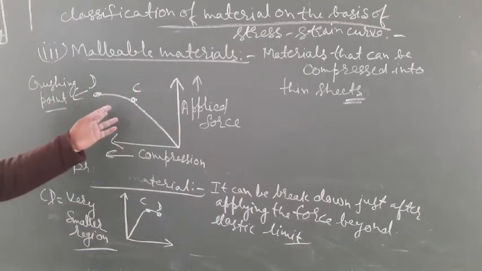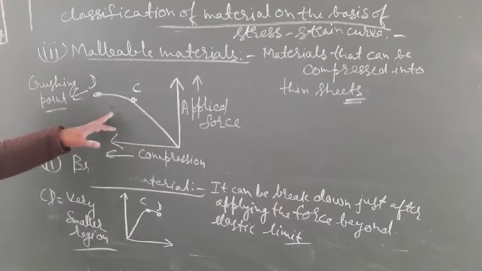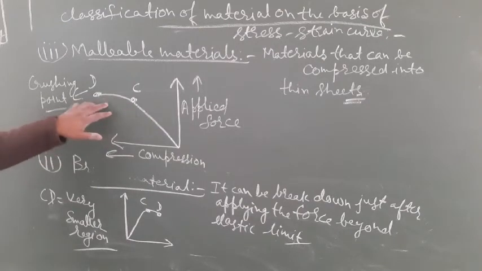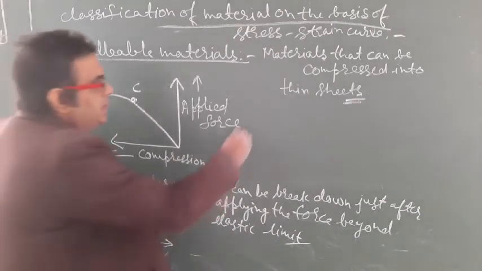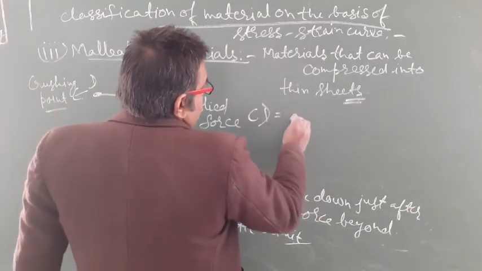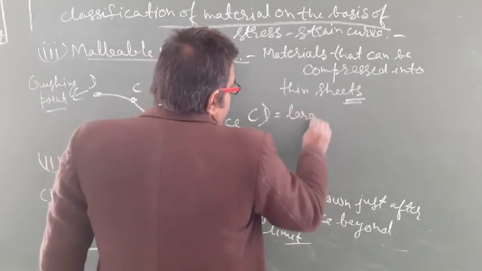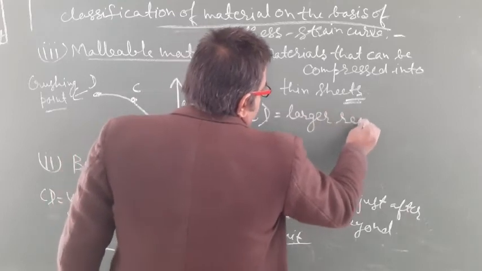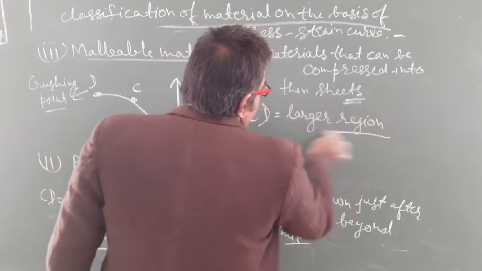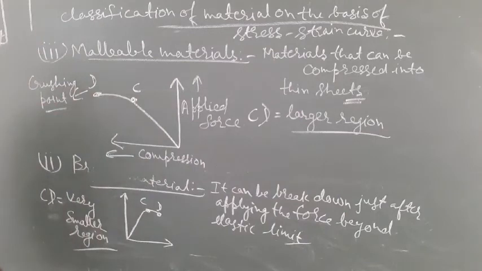So here also, for making a material into thin sheets, the distance between C and D must be larger, a larger region CD. This is about malleable materials.